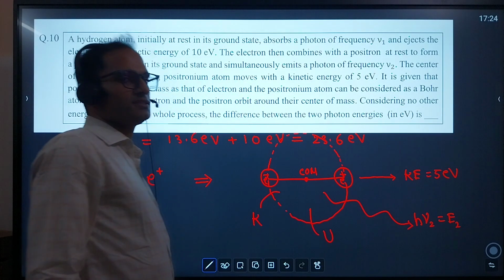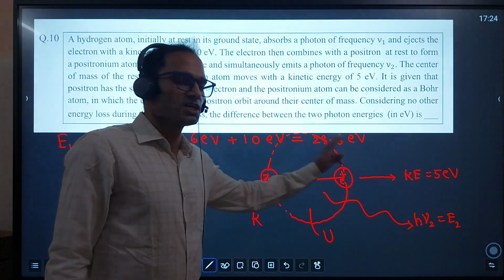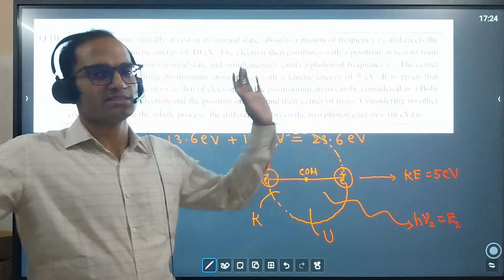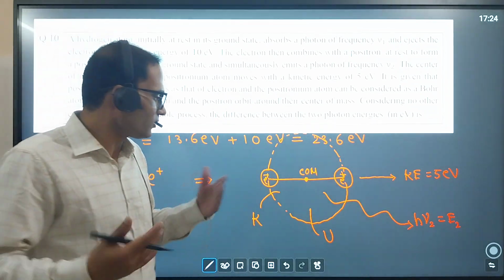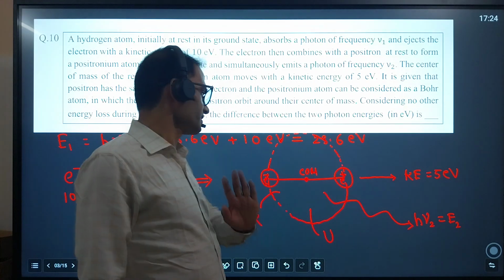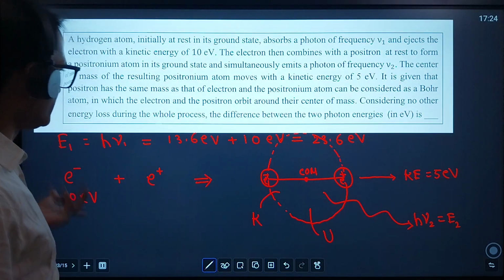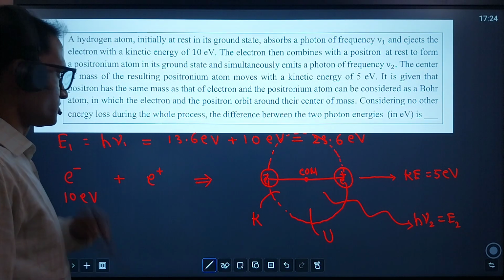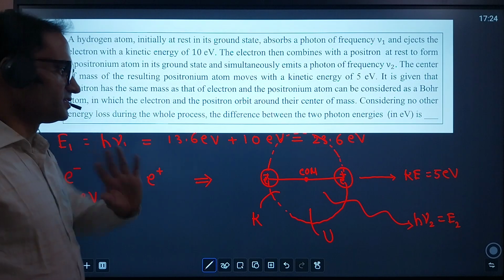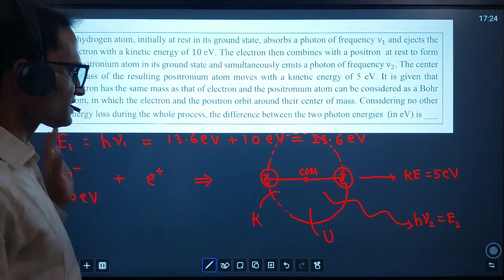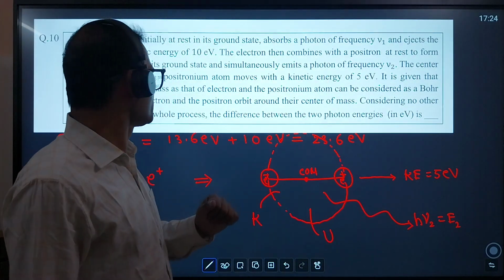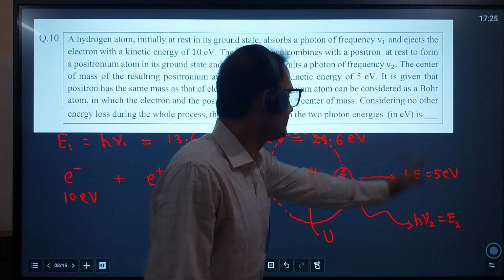Why potential energy? Because earlier this electron and this positron were at a large distance. Now they are at a smaller distance. They have a potential energy also. So no mass is lost, no energy is lost. Both sides energy will be the same, and basically we have to find E2, and then find the difference between E1 and E2.